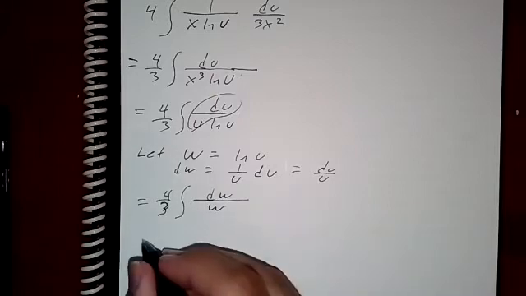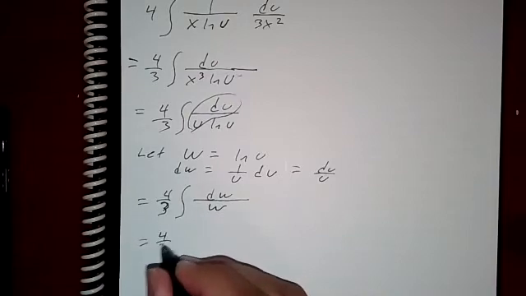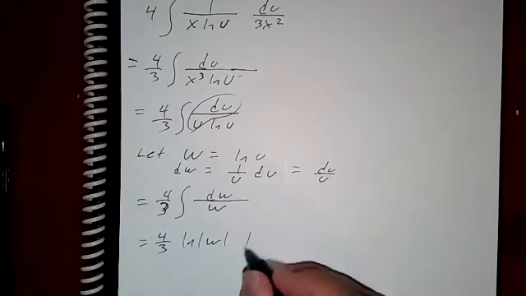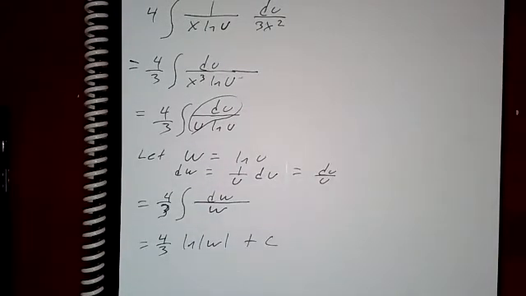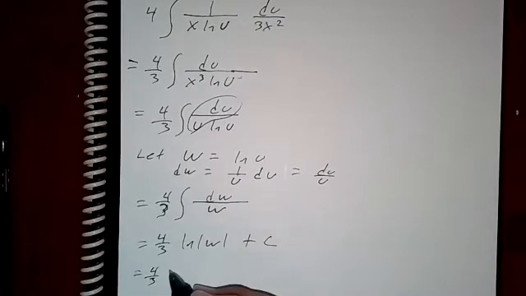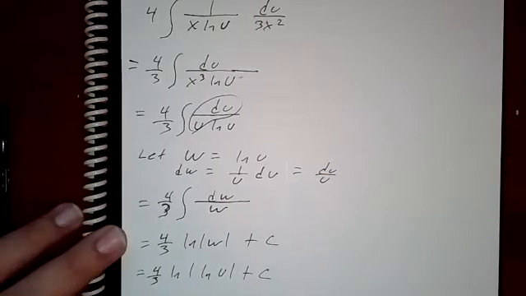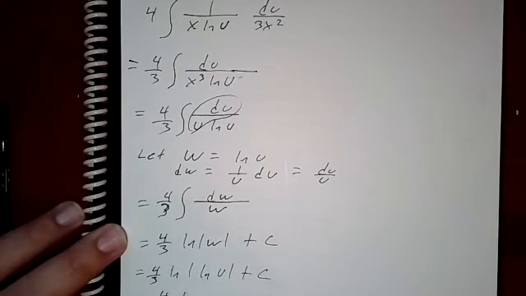This is one of the more complicated substitutions. So integrate this and I'll give you ln w plus c. But I need to get back all the way to x because w is not what I was looking for, right? So that's the same thing as saying ln of ln u, because w is ln u, which is the same as saying ln of ln of x cubed.